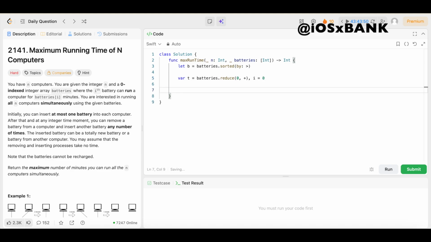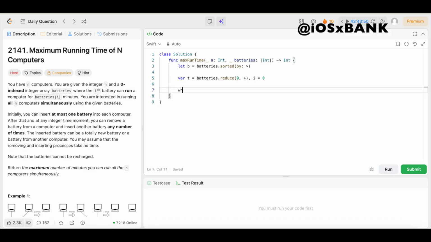Now, while the current battery is too large to fit into equal distribution of total time, we're going to exclude that battery from the pool. The largest battery has more capacity than the average allowed runtime if we spread total energy, or T, across the remaining n-1 devices. So this battery is too large to be part of the equal distribution, so we remove it and recompute.